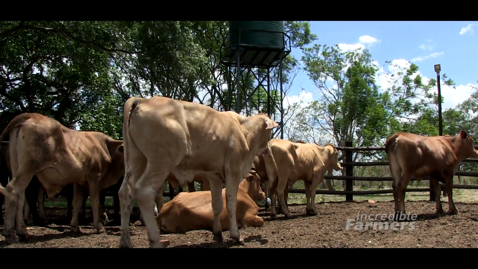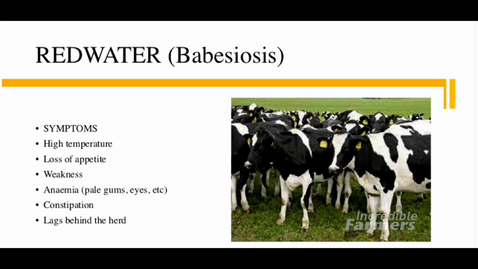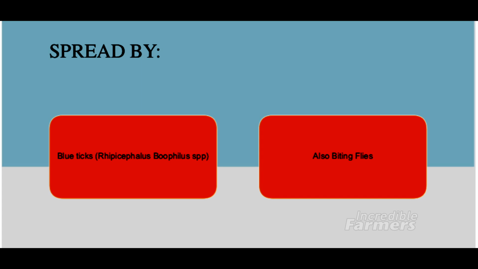Apart from babesiosis, also known as red water, where the animal will be passing urine with a red tinge. That's another differentiating factor. And in heart water, the animals will have a struggling gait, as if they are climbing stairs.